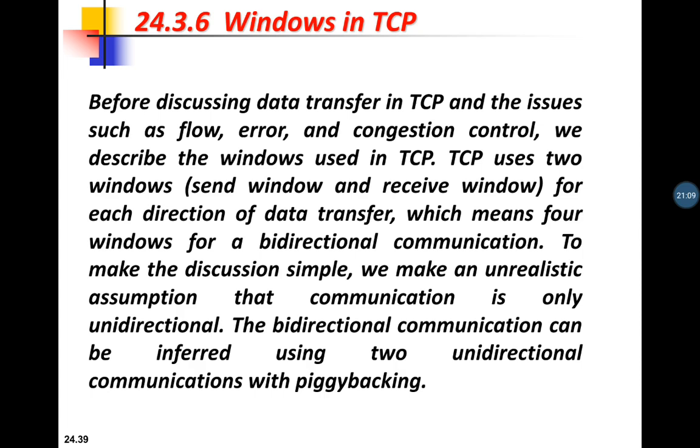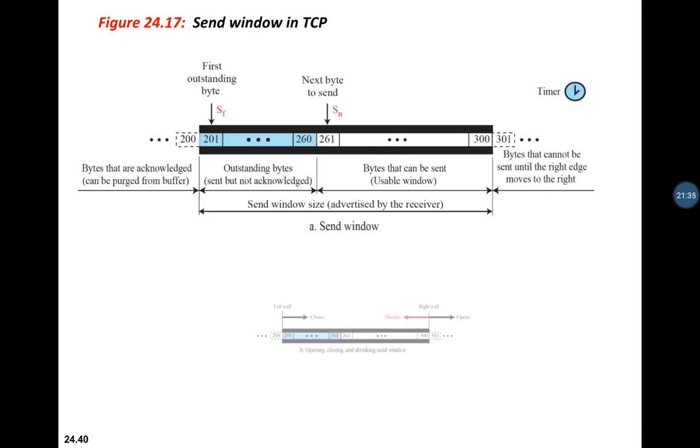Here TCP uses two windows, one the send window and the other the receive window. For bidirectional transfer we require altogether 4 windows, for flow, error as well as congestion control, and this can be inferred using 2 unidirectional communications with piggybacking.